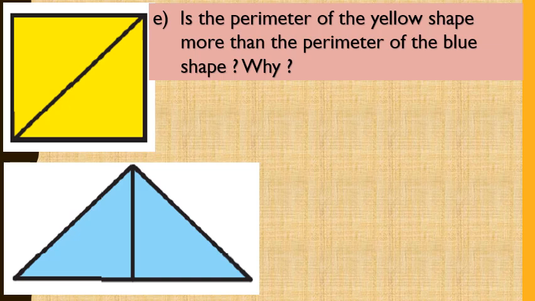So, the perimeter of the blue shape is more than the perimeter of the yellow shape. In other words, we can say that the perimeter of the yellow shape is less than the perimeter of the blue shape.